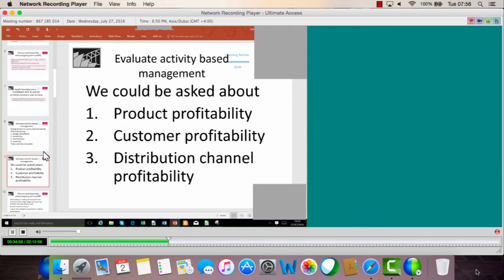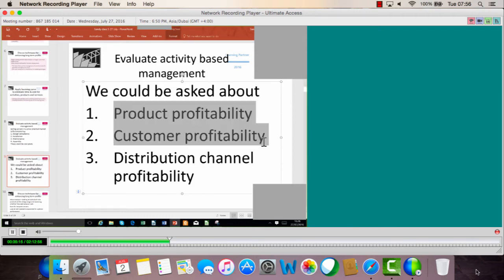We're not really in that business. I think they would have to put in an awful lot more additional information before we could carry out a distribution channel profitability analysis. So the two here, product profitability and customer profitability, would be the ones that I think would be more likely to be on the examiner's shortlist.